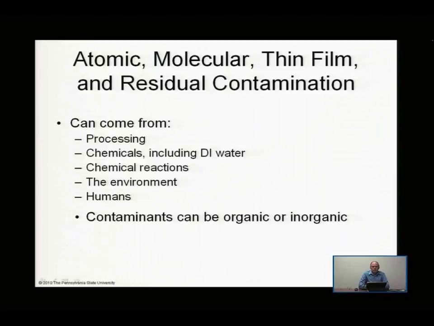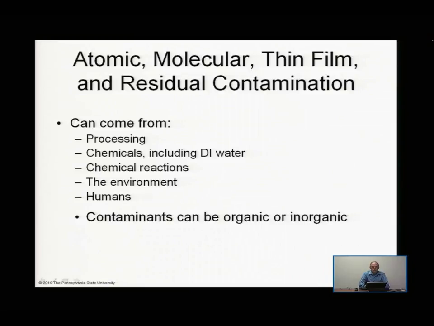And chemical reactions can take place on surfaces that produce byproducts that can become contamination, or are contamination. The environment, we just saw all those different kinds of particles, dust particles, pollen. So the environment can be a very significant source of atomic, molecular, thin film, and residual contamination.